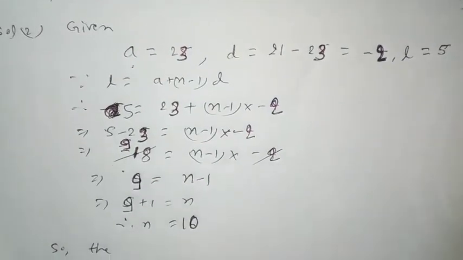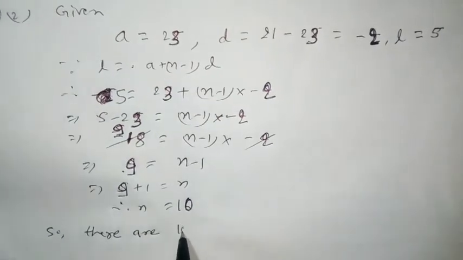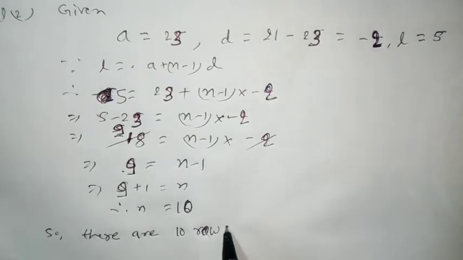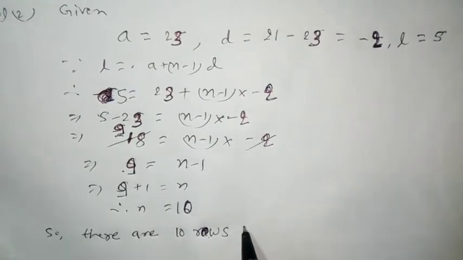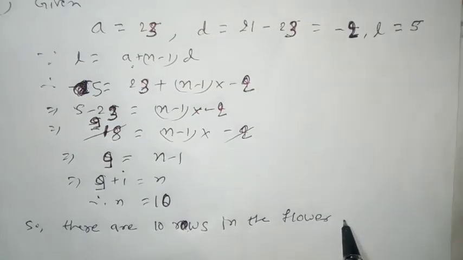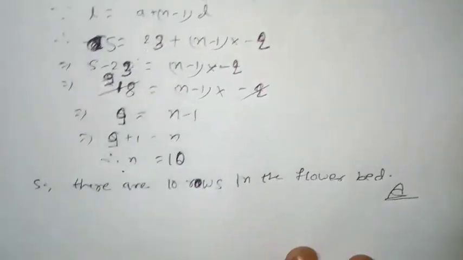So there are 10 rows in the flower bed. Answer.